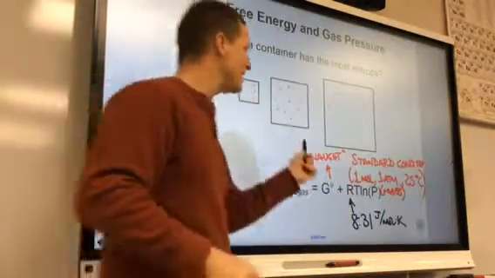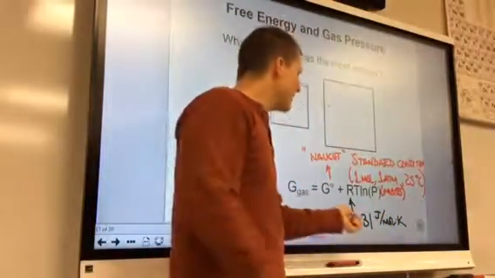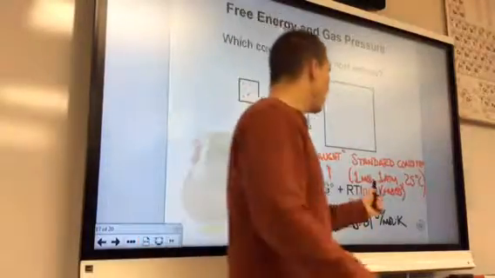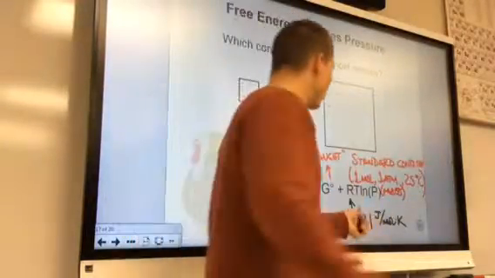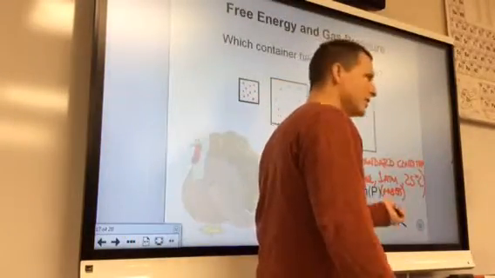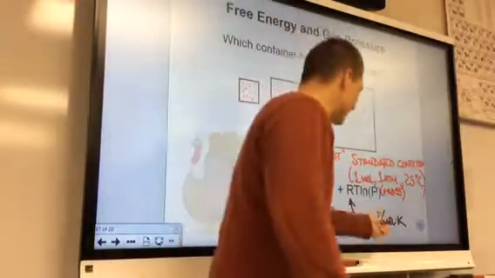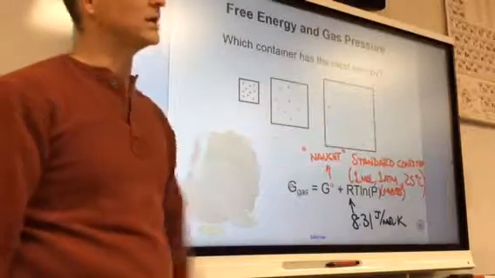When you do anything with R and you're dealing with energy, you've got to use 8.31. We've talked about this before. A joule is the same thing as a kilopascal liter. When we did the gas laws, it was 8.31 liter kilopascals over mole Kelvin. Now that we're dealing with energy, I'm in joules because they're the same thing.